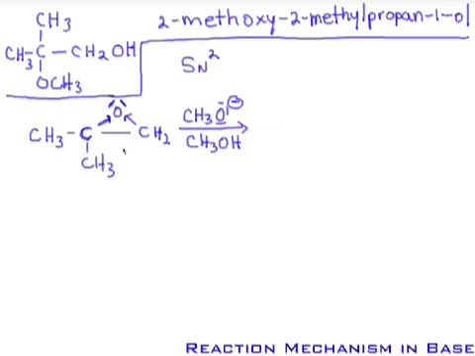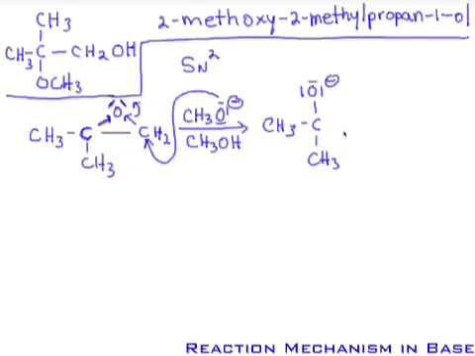In this case, however, the actual methoxide attacks the less hindered carbon. When this happens, of course, this bond will break, and we'll get CH3, C, CH3, O minus, and we'll have a CH2 with an OCH3 off of it.